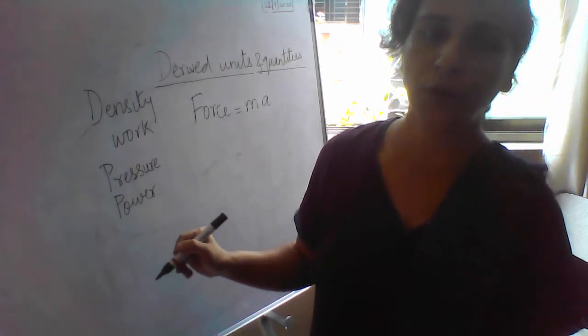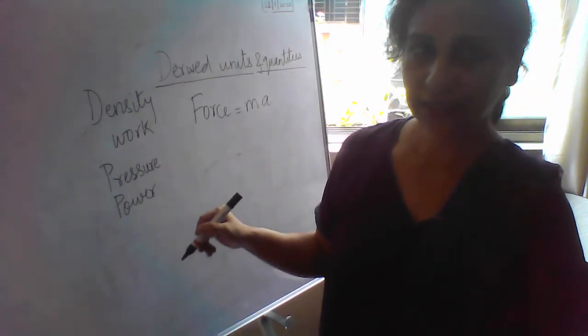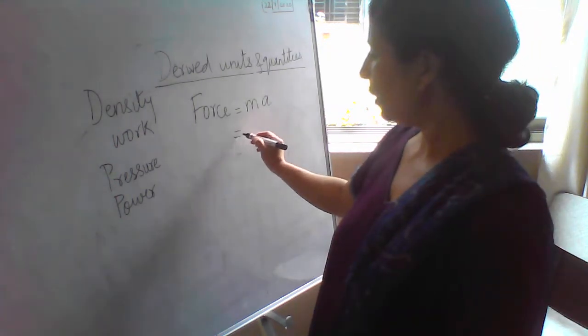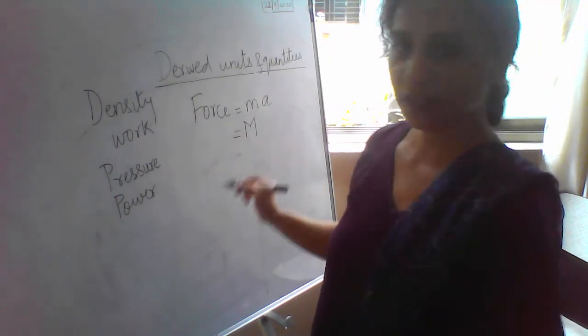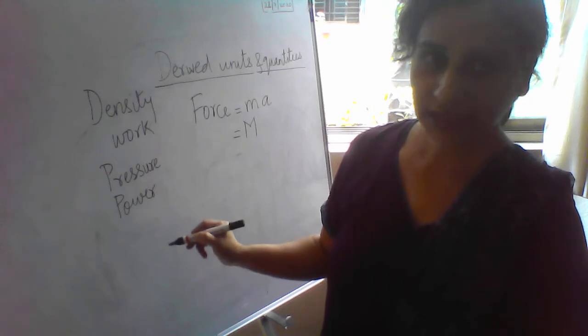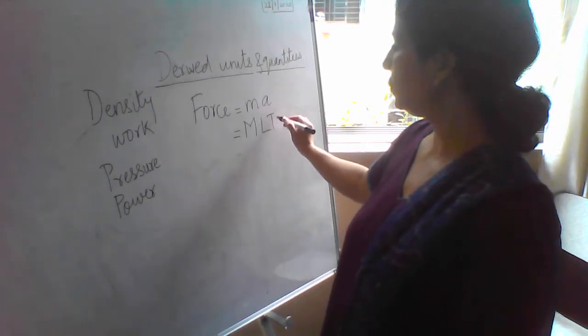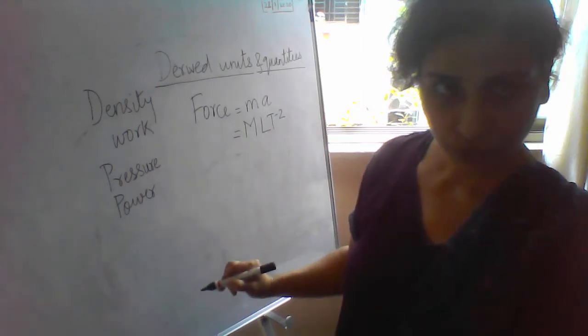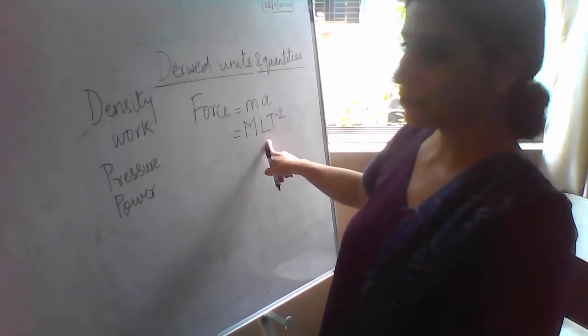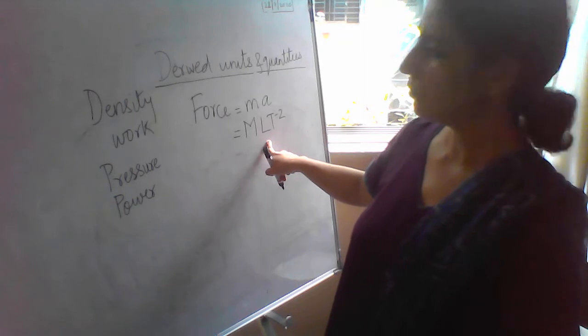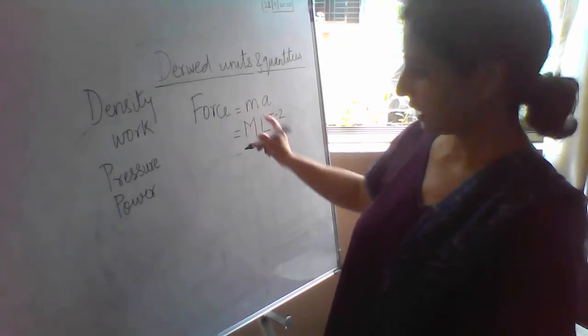F is equal to mass into acceleration. We already know mass, the base unit is m. Acceleration we just found out, it is L T raised to minus 2. So this is what you get for force, mass into acceleration.